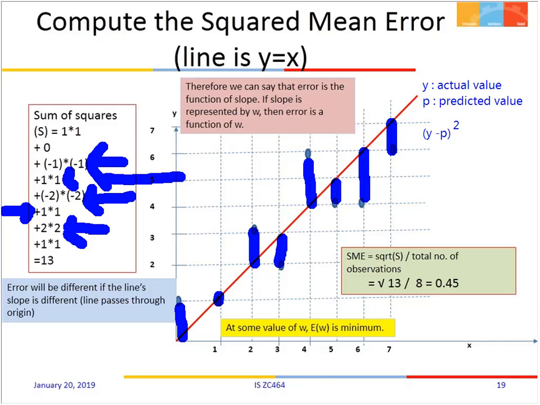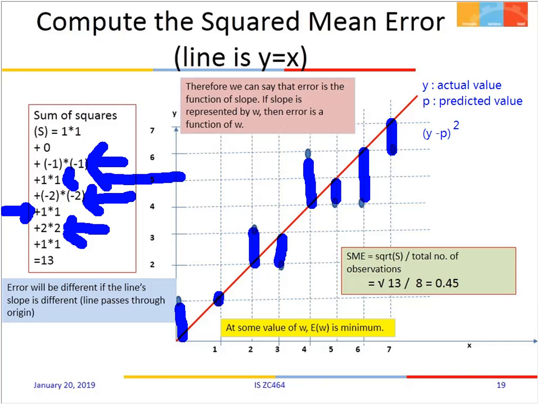What is y minus p square, Harish? We are taking a square because we do not want to nullify the minus and the plus values of these errors which we are computing as y minus p. That is why, in order to accumulate the overall quantum of error, we are going for a square. Otherwise we could have taken the absolute values. At least absolute values would not have nullified minus and plus effects.